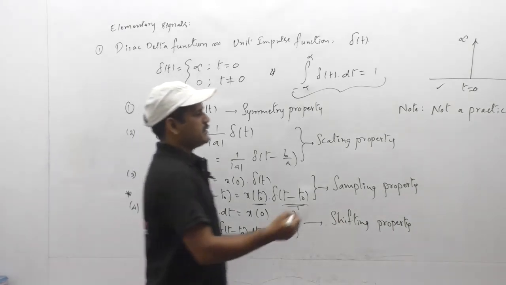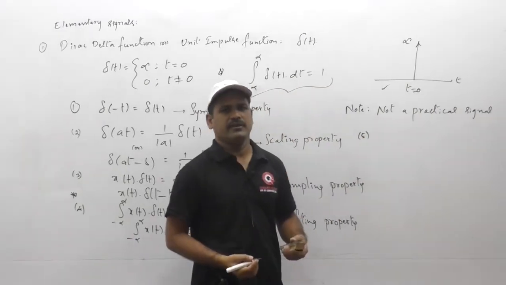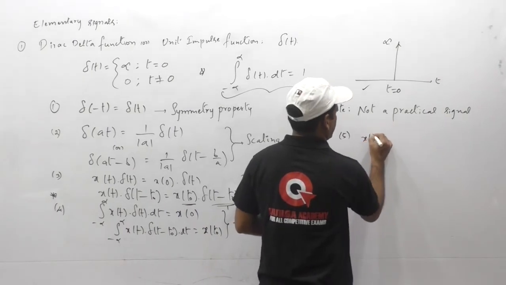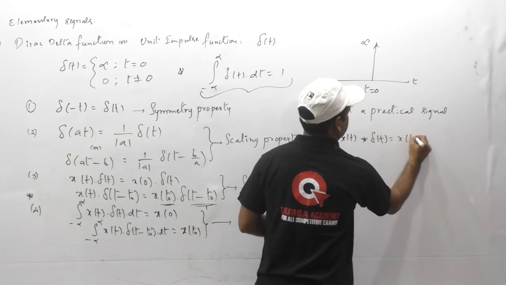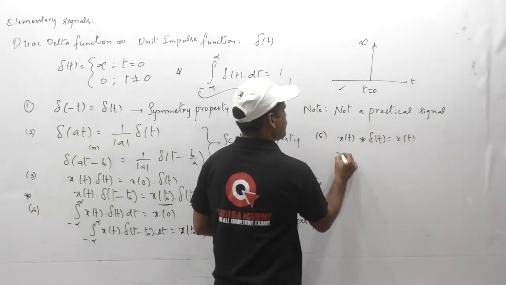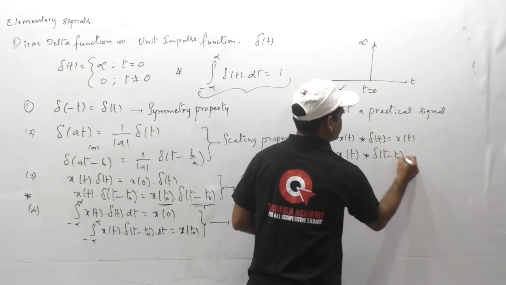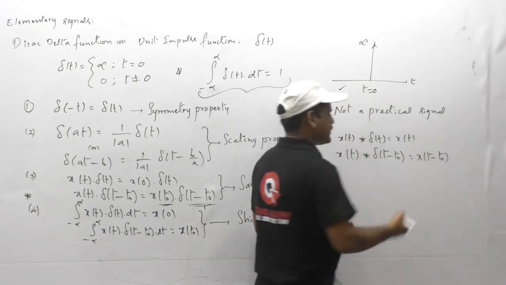The fifth property is the convolution property of the delta function. Whenever x of t is convolved with del of t, we will get x of t. In the second form, whenever x of t is convolved with a shifted impulse function del of t minus t naught, we will get x of t minus t naught.